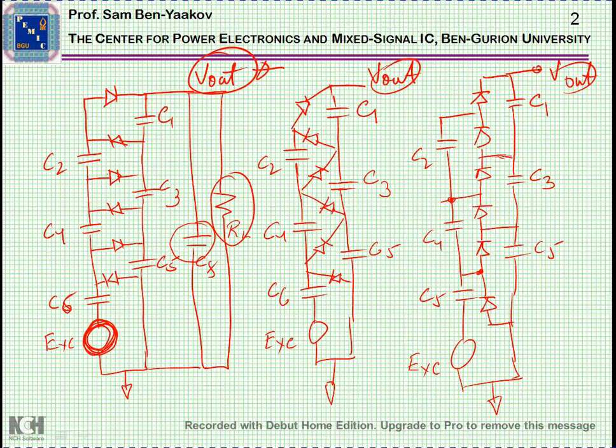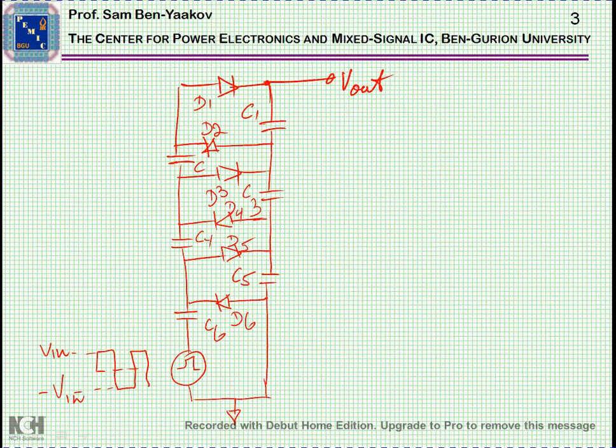So let's see how the voltage is being built up in this ladder type circuit. I'll start off assuming that from zero condition, there are no voltages on the capacitors, and also assume that there is a voltage source, a square wave, which will be easier to analyze, with a peak voltage of plus V in and minus V in, at a certain frequency.